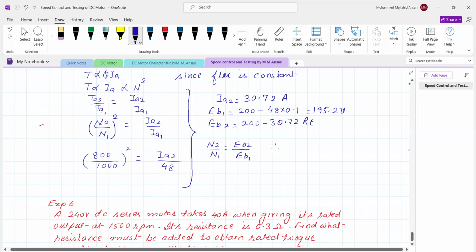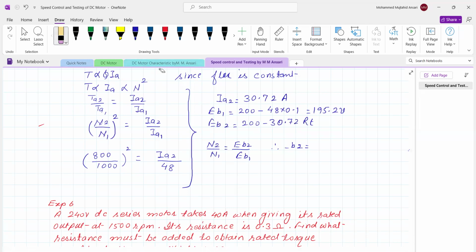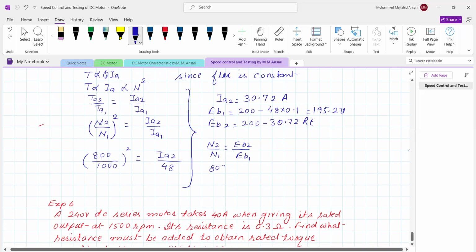Therefore, if you put the values directly, we can calculate: 800 rpm divided by 1000 equals 200 minus 30.72 RT, divided by 195.2 volt.